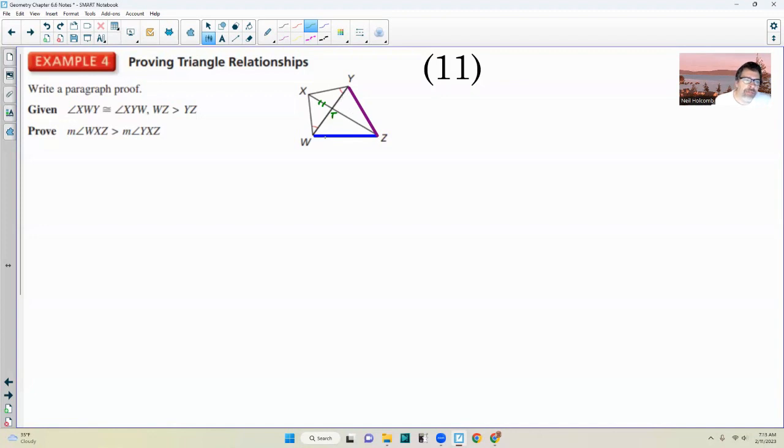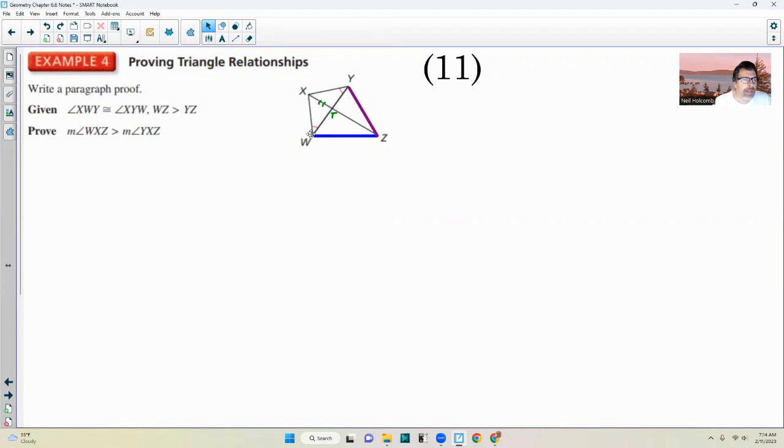What else are we given? Let me think about this a second. Okay, so I'm a little perplexed on this problem, but I'm going to continue anyway, and we'll see where it goes. So I have an angle and a side in this triangle.